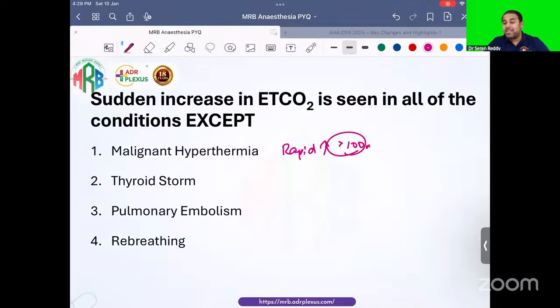Thyroid storm, because there will be sudden release of hormones, so you also see a rapid increase here, but not as much as malignant hyperthermia. Then pulmonary embolism is characterized by a rapid decrease. And rebreathing, what happens? It won't touch the baseline and it will increase. So it will be like this. It won't touch the baseline, so here also you'll see the increase.